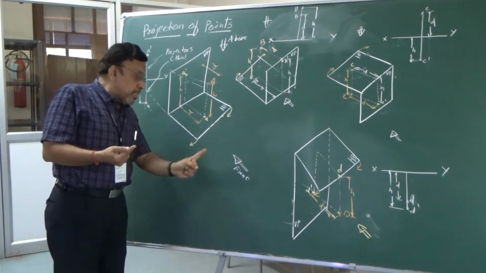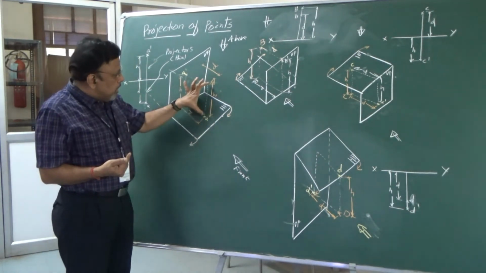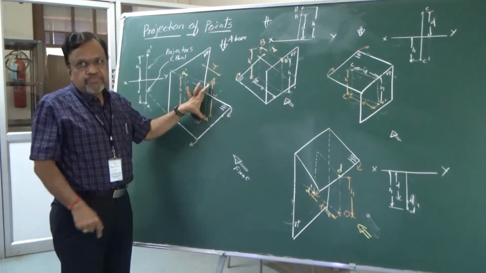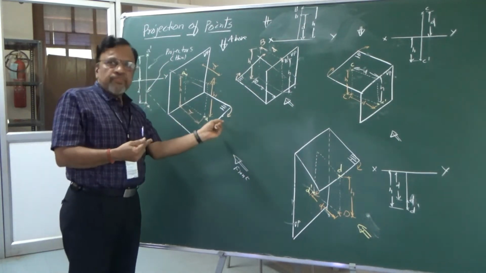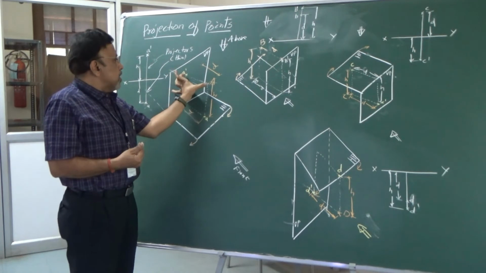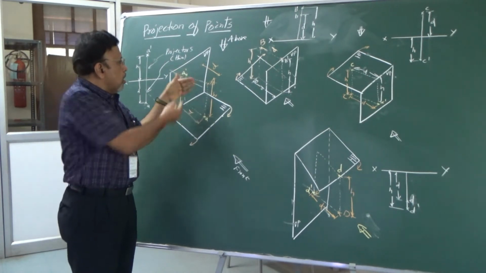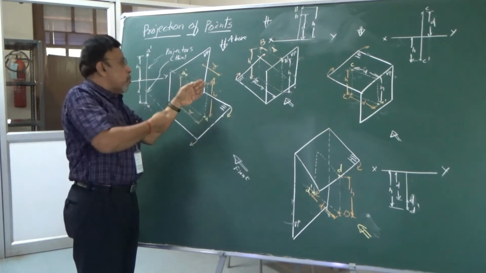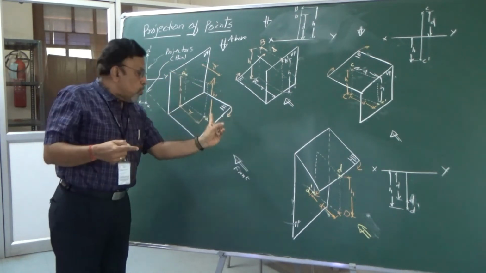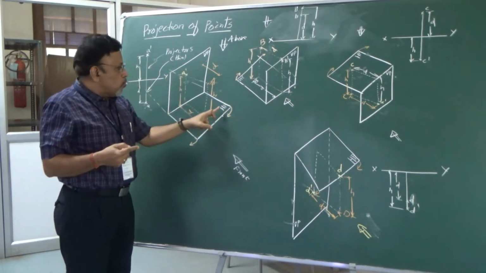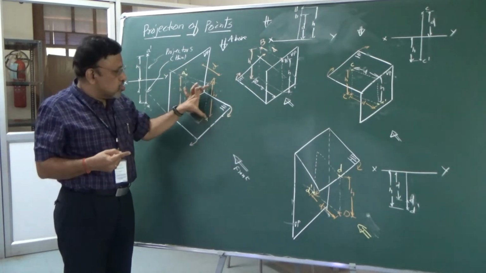That means in the front view, we can visualize only the HP details. With reference to VP, I cannot say anything. If I look from the front, I cannot say whether the d distance is this much or more or less. I cannot make out anything. So if I look from the front, we can get only HP details such as h distances.